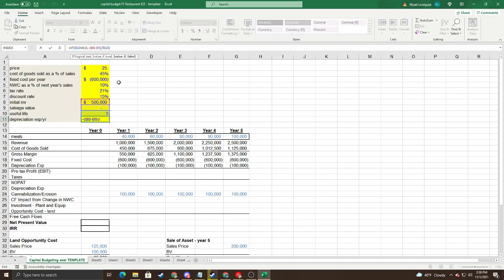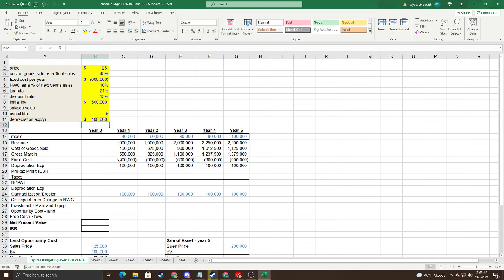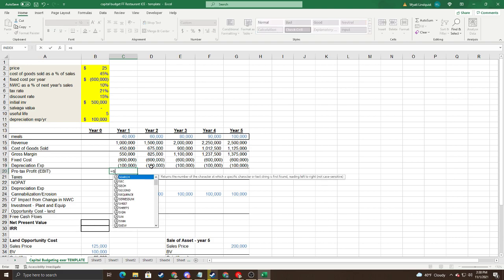Actually, no, we're not going to do that because then it'll just mess things up later. So we'll just make this negative. Sorry for the bit of confusion, but essentially what we're doing is we're going to make this 600,000 and this 100,000 negative just so we can get an easier equation, not search, sum. So we're going to just sum these three.